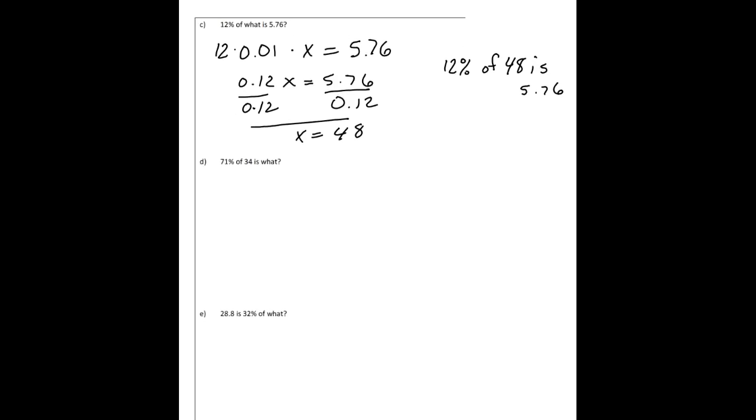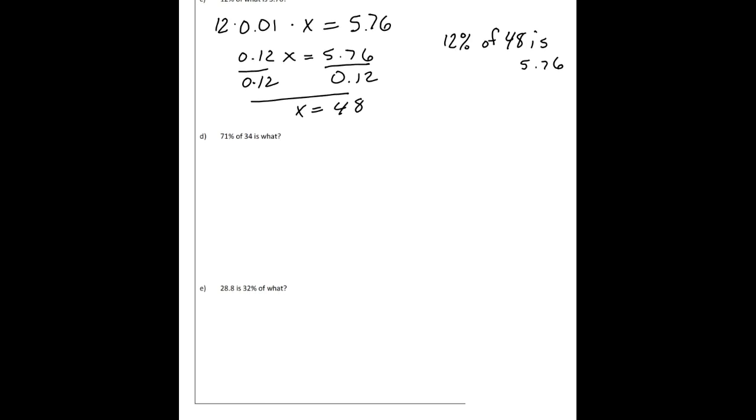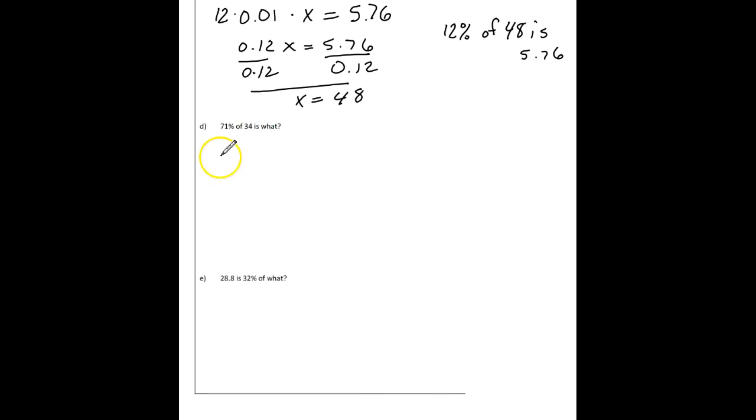It's really important that you answer the question when you're all said and done. X equals 48 doesn't mean a whole lot to me, but when you write it back in that sentence, it really does. Okay? Here we go. 71% of, meaning times, 34 is what?